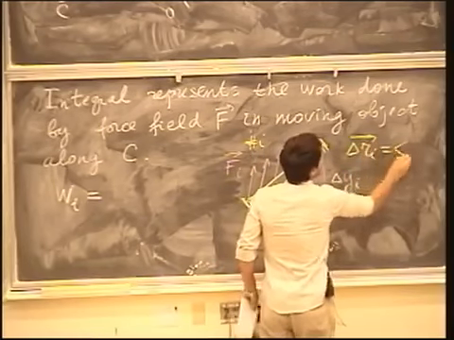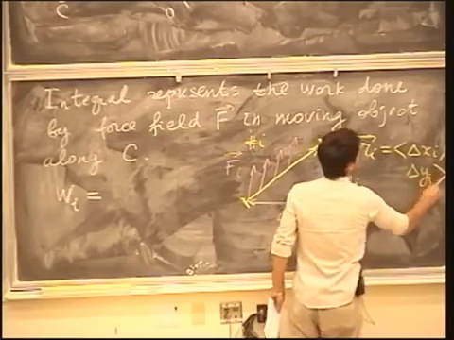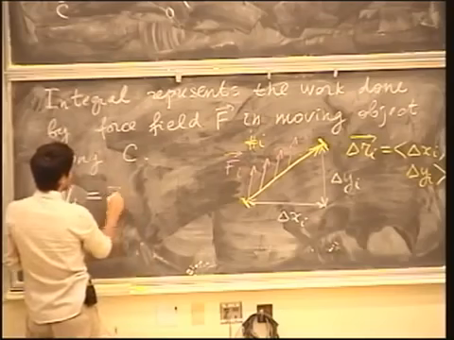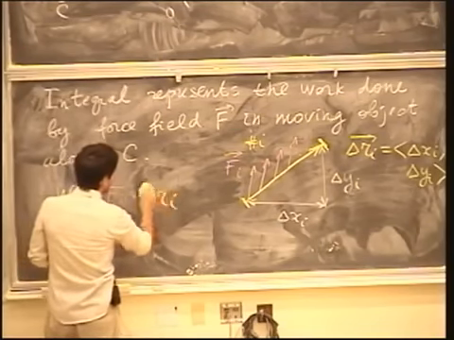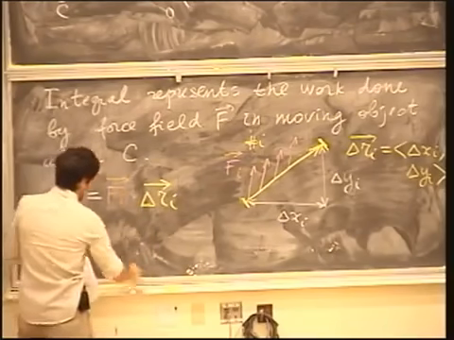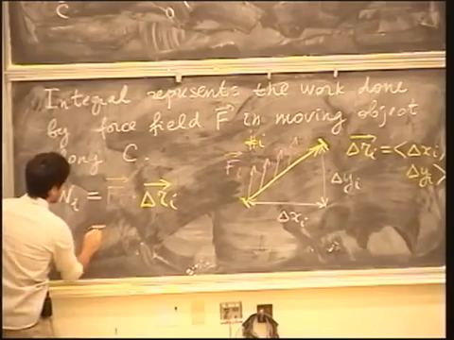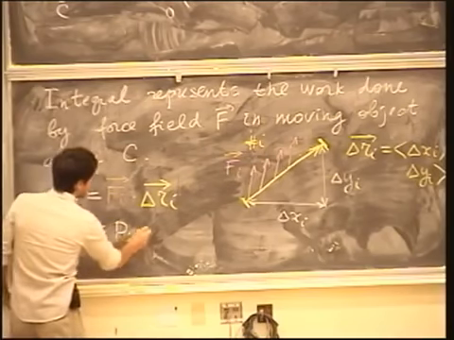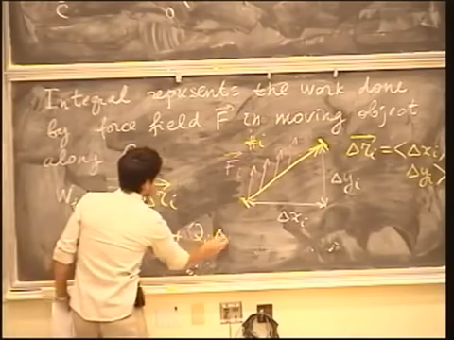It has two components. One is delta xi, and the other one is delta yi. So I want to dot these two things, Fi dot delta ri. Both are vectors. Okay? And more concretely then, this is going to be the first component, which will be some Pi times delta xi, plus the second component, Qi times delta yi.